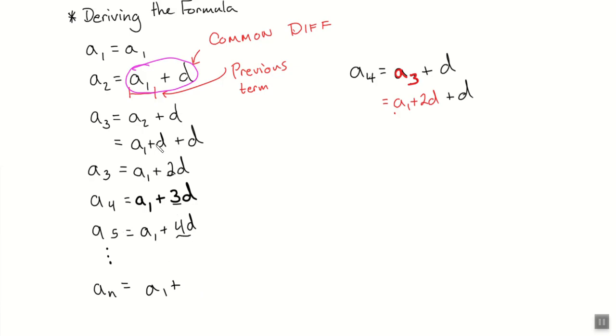It's one less than what I'm finding. So what's one less than n? Not letter-wise. It's n minus 1, isn't it? Everybody agree with this?